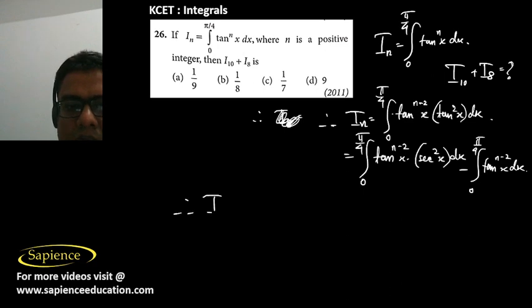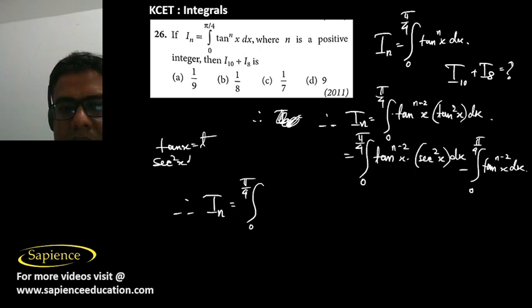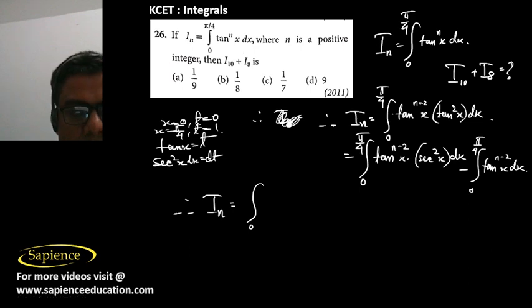So now therefore In is equal to integral 0 to pi by 4. Now if I take tan x as t, then secant square x dx is equal to dt. And when x is equal to 0, t is also 0, and when x is pi by 4, then t is equal to 1. So this integral will go from 0 to 1, and this will be t.